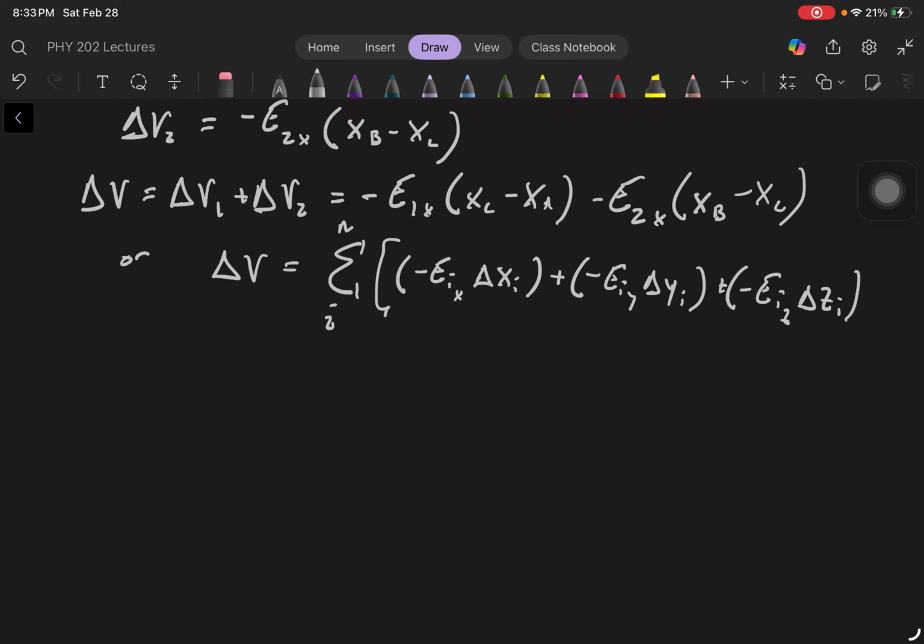All right, and so if you have like many legs of your journey, you can go ahead and sum up the total potential difference. Or if we wanted to rewrite this in a bit more succinct way, we could say delta V is equal to the negative sum of just E dot dl. All right, and so for however many you have.